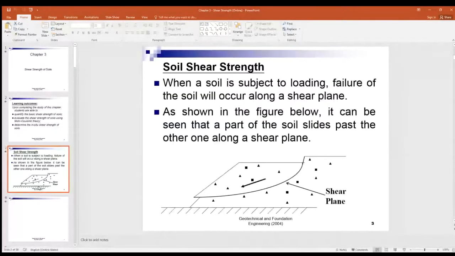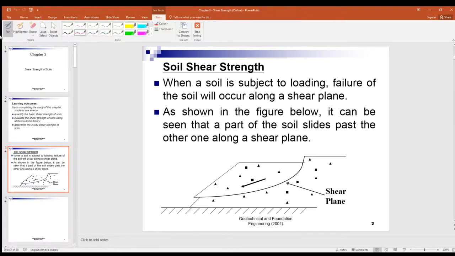Now, shear strength of soil, soil shear strength. From the slide, you can see there's a great mass of soil sliding down a slope. You can see here the shear plane.